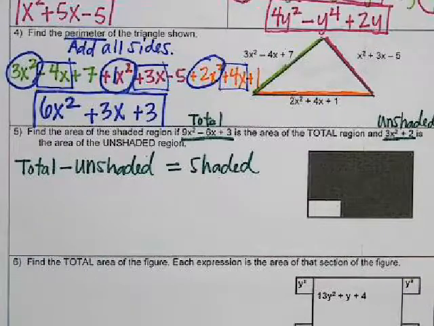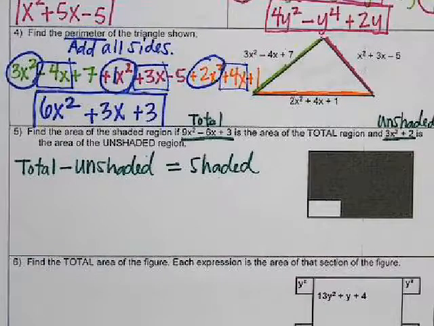Now, when you are subtracting, you have to put them in parentheses. Everybody hear what I just said? When you have a subtraction problem with polynomials, you have to put them in parentheses. Why do you have to do that?